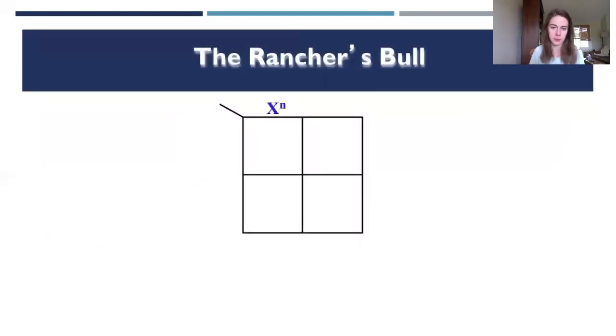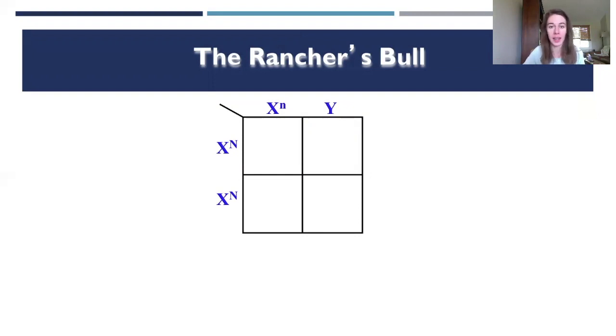Okay, so we know that we have the bull, and the bull has the little n, has that characteristic on his X chromosome, and then he has a Y chromosome. So the cow that he's going to choose should be the cow, of course, without this trait, right?